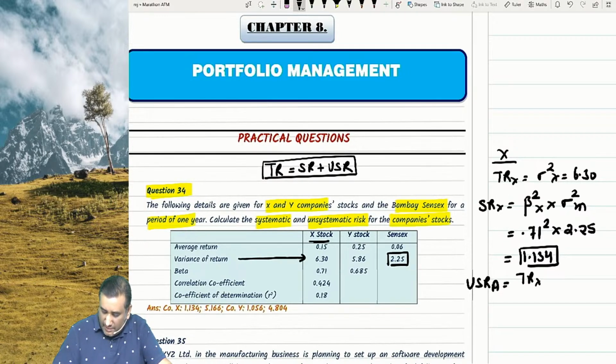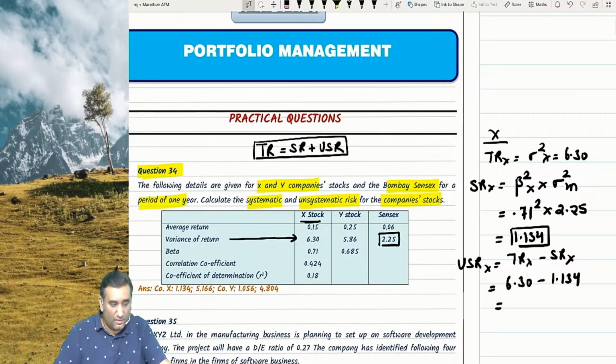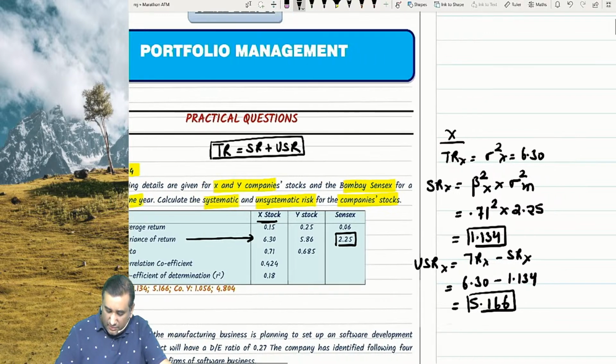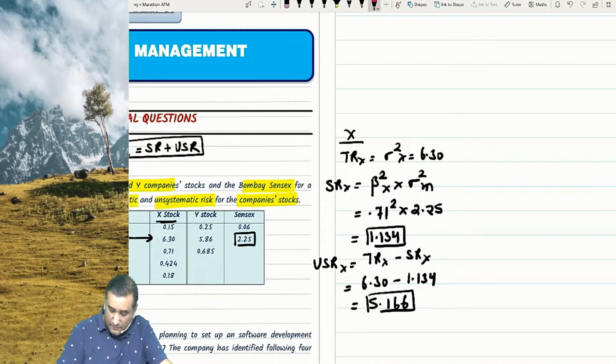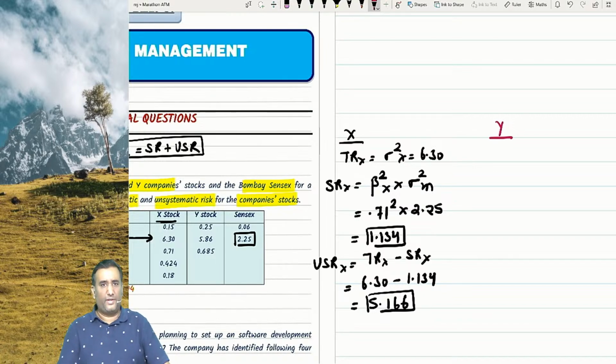Then you can find unsystematic risk. Total risk of X minus systematic risk. What is my total risk? 1.6.3 minus 1.5. Similarly, let's calculate for Y also.